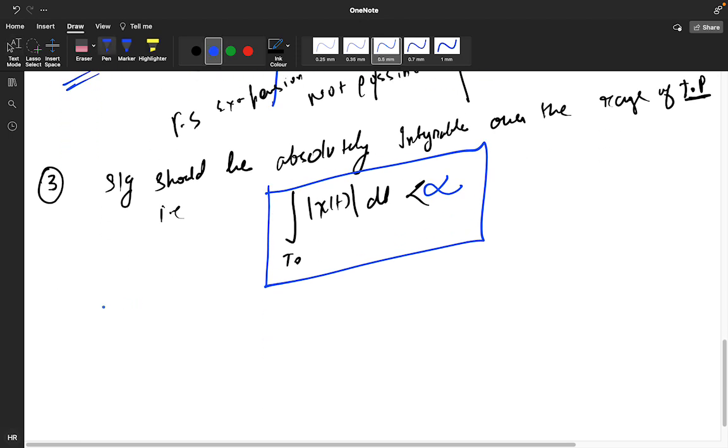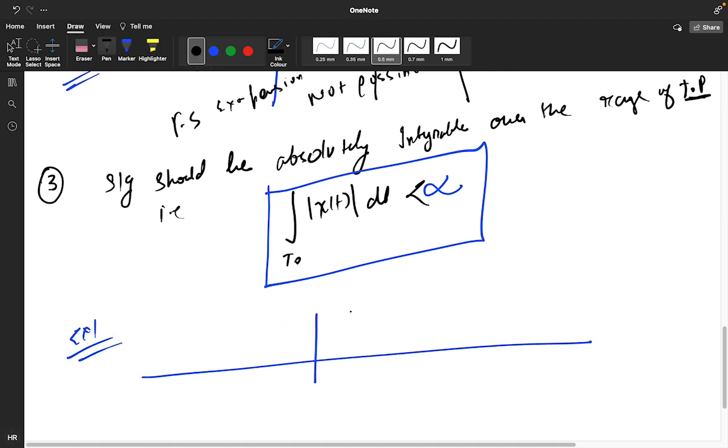For example, suppose you have a signal like this, from 0 to T0 by 2, going like this. If you want to find the area in one time period, you get this particular integration.